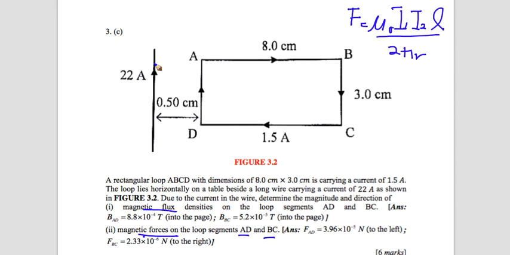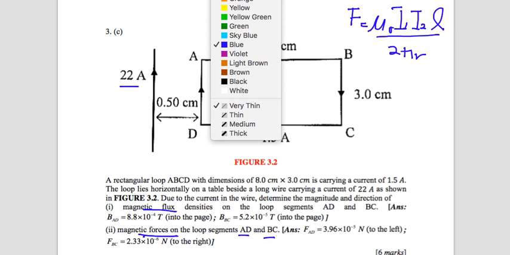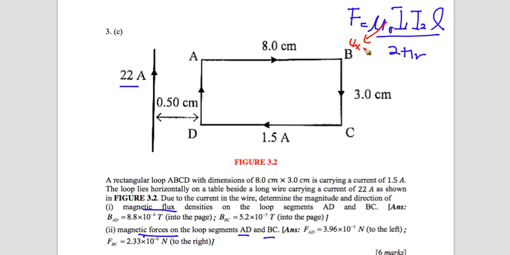You have a straight wire with current 22 ampere, and the first segment is AD.